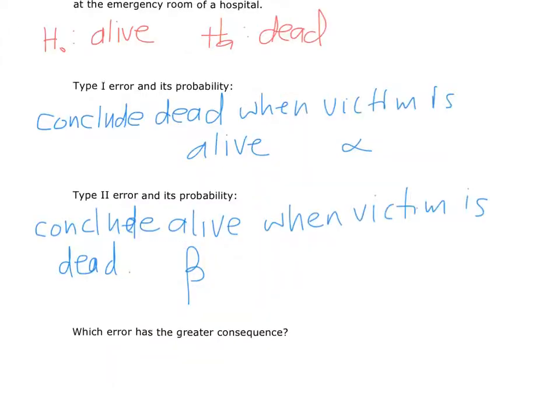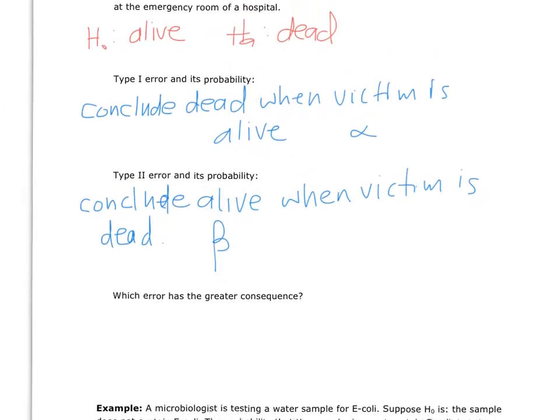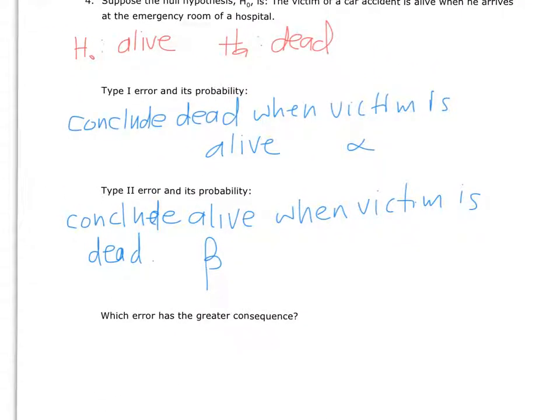Now, here's a good question to ask sometimes about these errors, because if we're making decisions based on the results of these hypothesis tests, we want to know what the consequences are if we make one of these errors. This question shows up in your WebAssign pretty often for many of your problems. But which error has the greater consequence here?